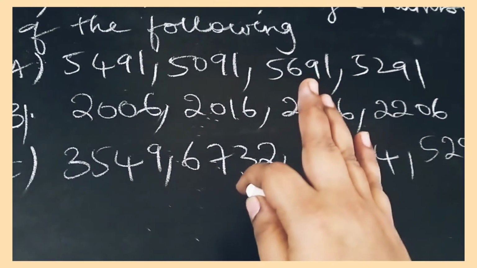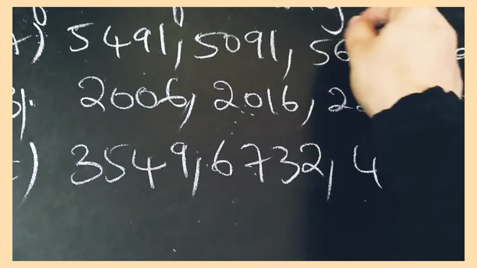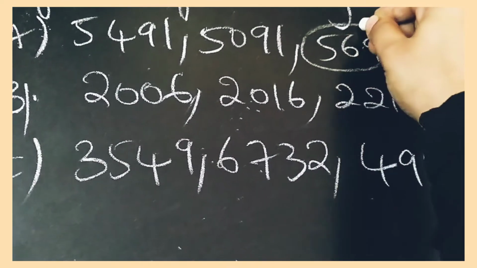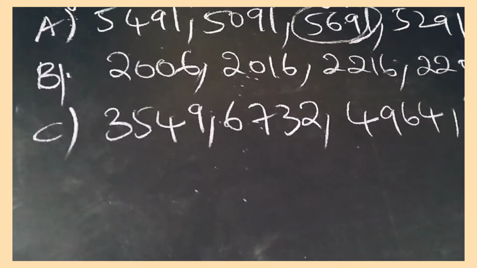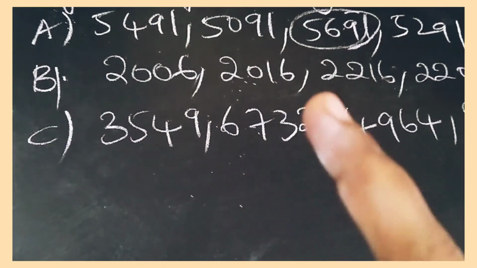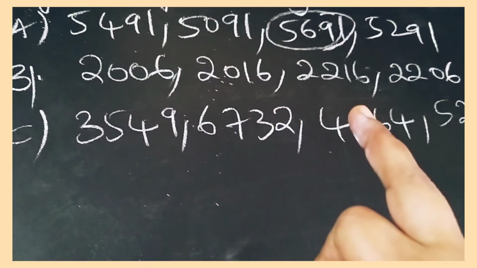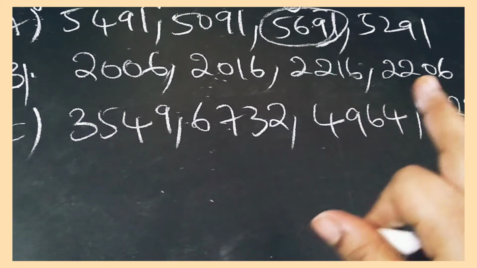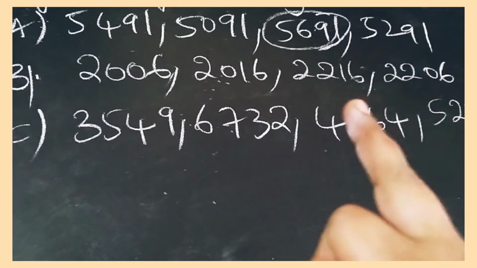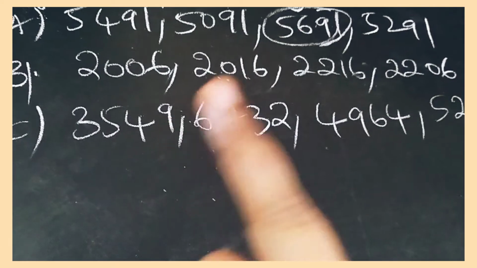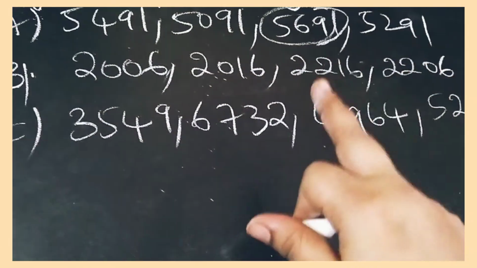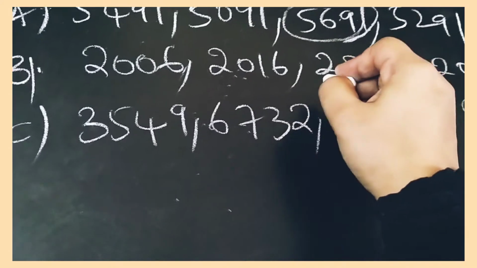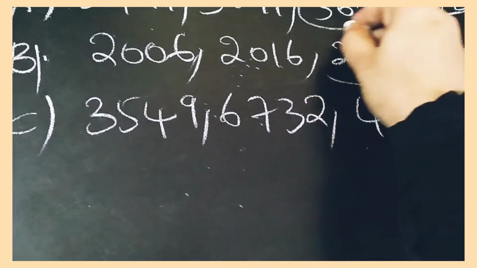Means 600 is the larger number, so you have to encircle it. B bit is 2006, 2016, 2216, 2206. 2000 is given in all, but here 6, here 16, here 216, here 206. So we have to take 216.